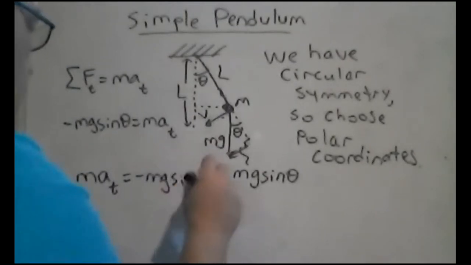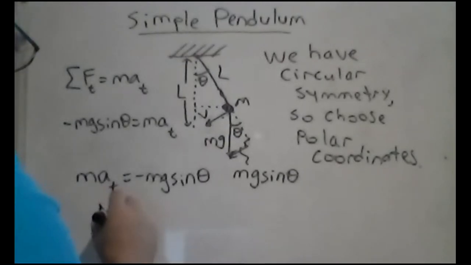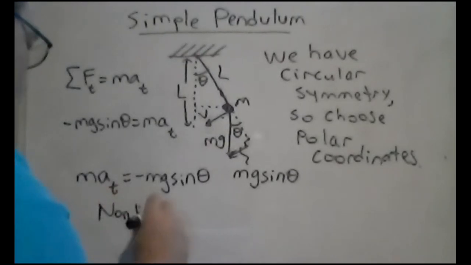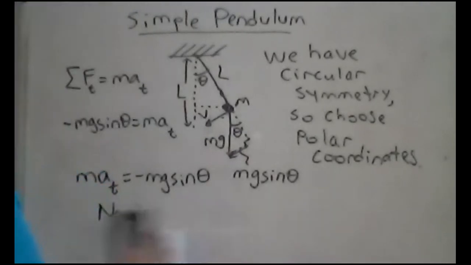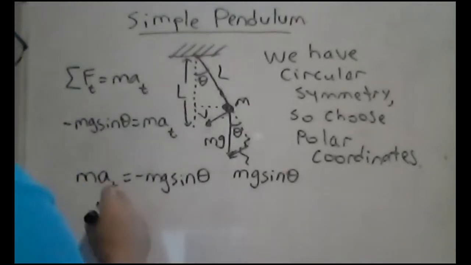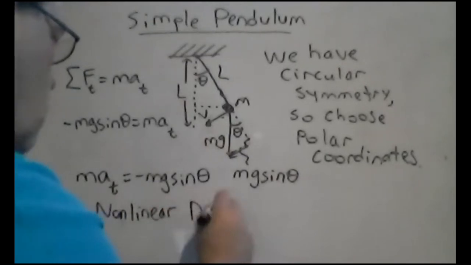I don't want to cancel out the m's quite yet, and I'll show you why in a second. Right now what I have is a big mess. I have a non-linear differential equation. If differential equations are hard, when you make them non-linear, they're even harder. So I certainly don't want to solve this.